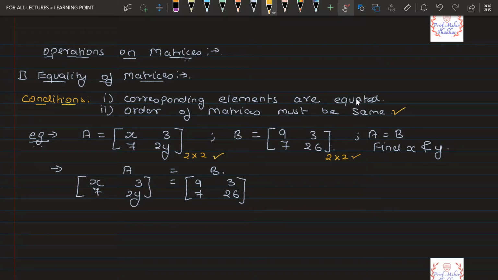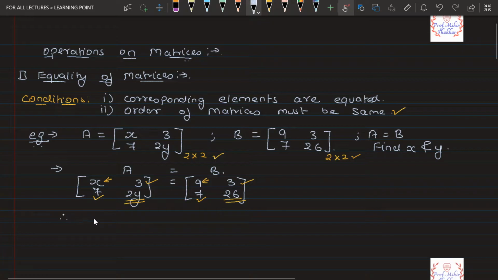The next condition says corresponding elements are equated. So x will be equated with 9, 3 is already equal to 3, 7 is already equal to 7, and 2y will be equated to 26, so that I can get the values of x and y.